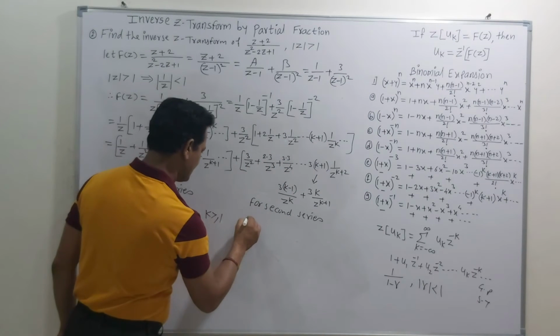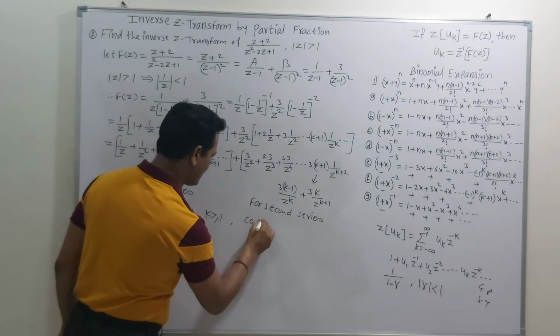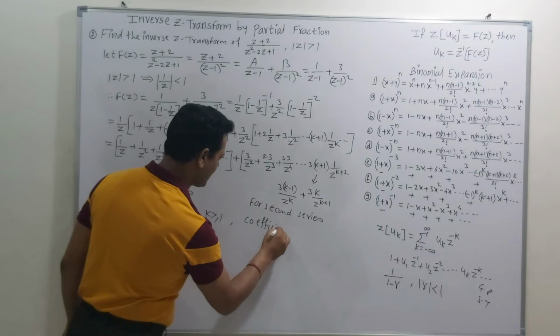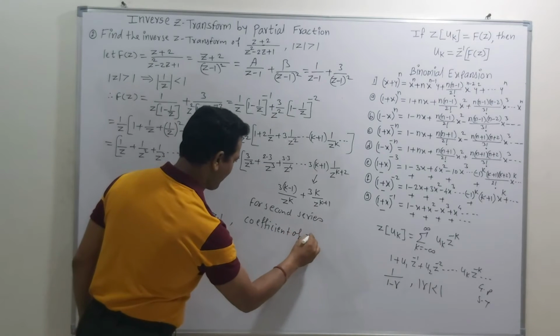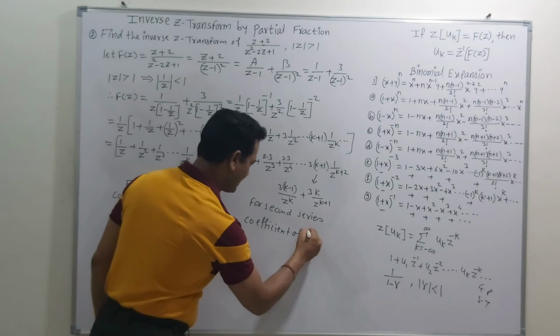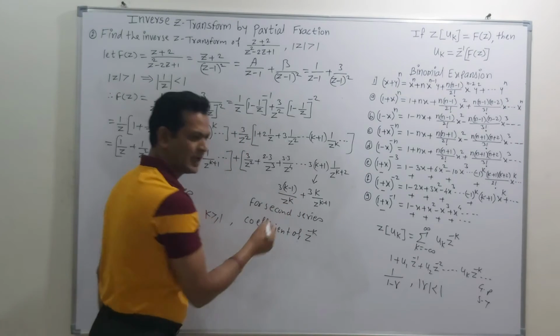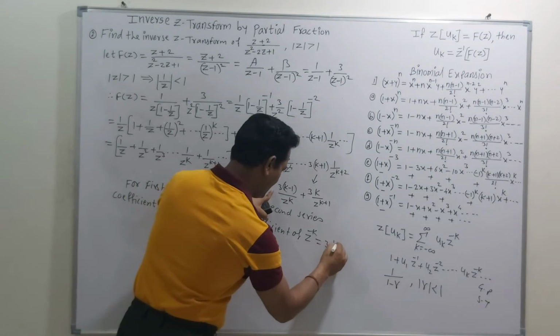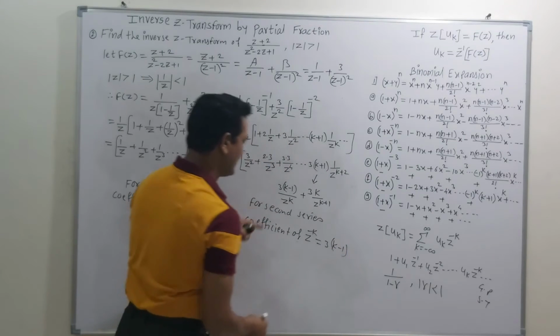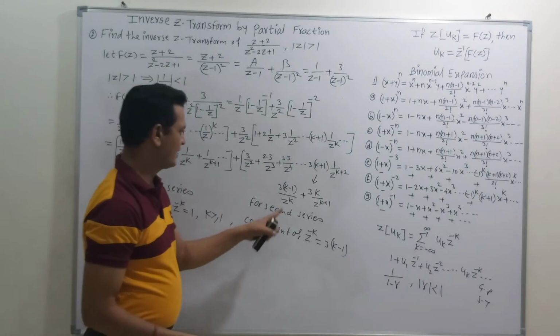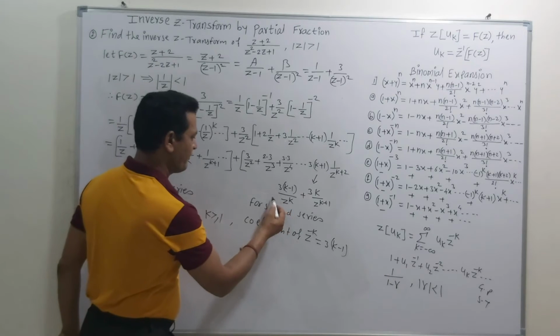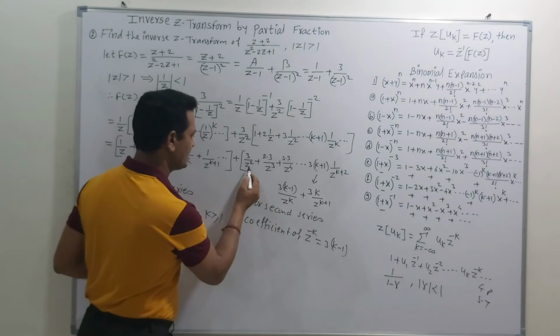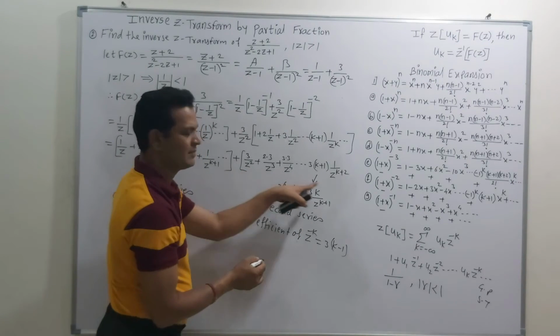Now for this second series, again here we get z raised to k in the denominator, and its coefficient is 3 into k minus 1. Again find the condition on k. That means put the value of k in such a way that we get this as the first term, this as the second term and so on.